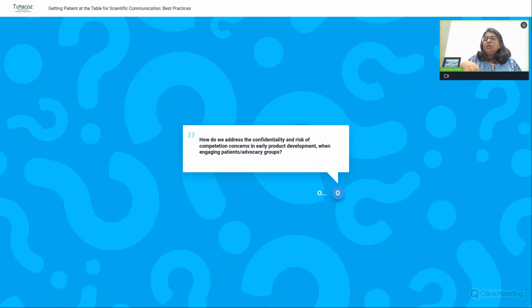So, as with any other situation where we're talking about confidential information, we have an agreement signed, and we talk to them in language they can understand. We tell them that if you say it to others who are not part of this activity, what harm can it do to the whole process and the whole activity? That is the only thing.